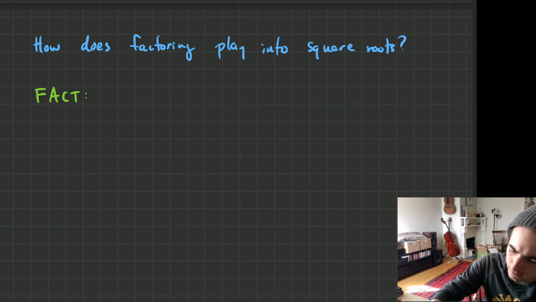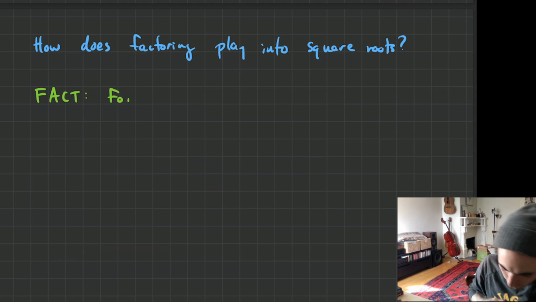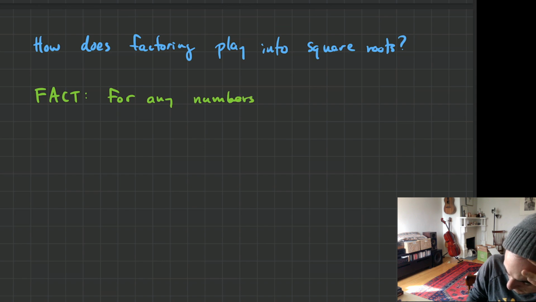So the fact of the matter is that for any numbers A and B, we have two facts.